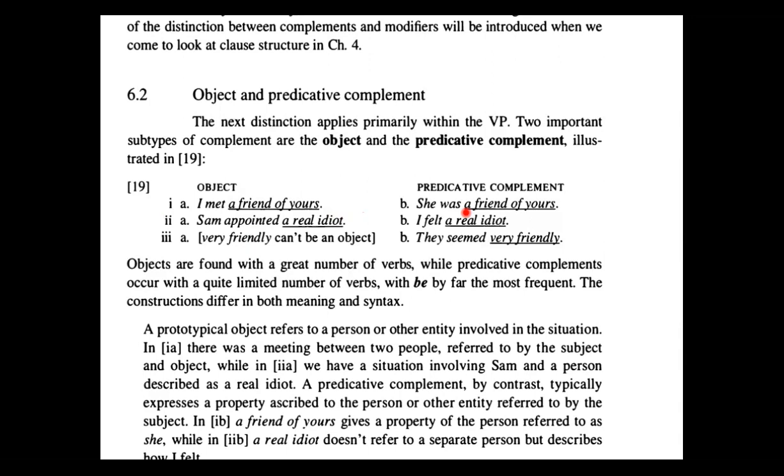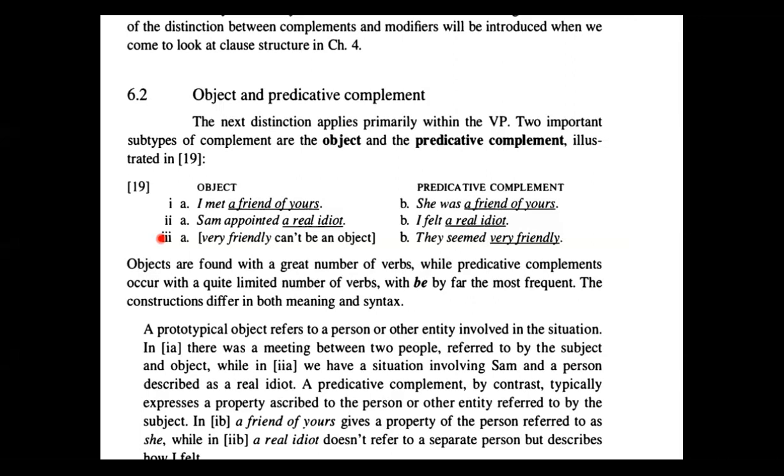The third example: very friendly can't be an object, because usually the object is a noun phrase. Here, very friendly is an adverb, and friendly is also an adverb. So we usually don't use two adverbs as an object of a sentence.